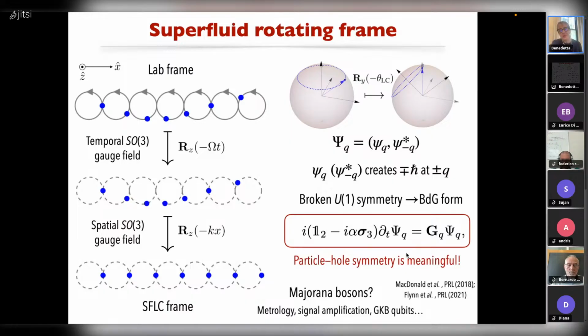So this is our dynamical equation. And if you ignore for a second Gilbert damping, you can think about GQ as the BDG Hamiltonian that is describing the excitations about this superfluid limit cycle state. So here, what I'm saying is that particle-hole is meaningful.